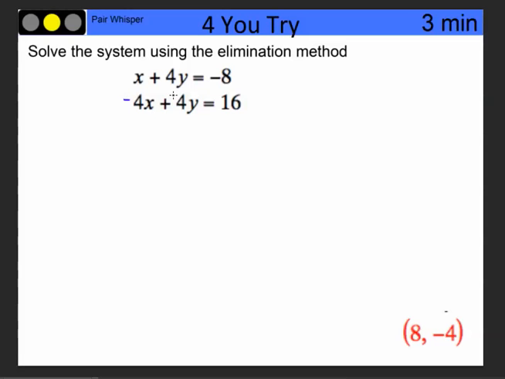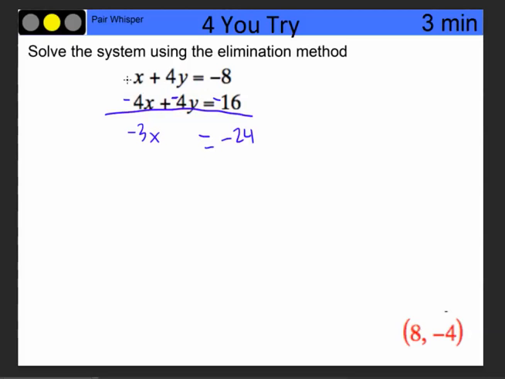So now I have -4x, -4y, and -16. If one of these had already been negative, then it would become a positive. So positive 1x minus 4x makes -3x. Positive 4y and -4y make 0. -8 and -16 make -24.